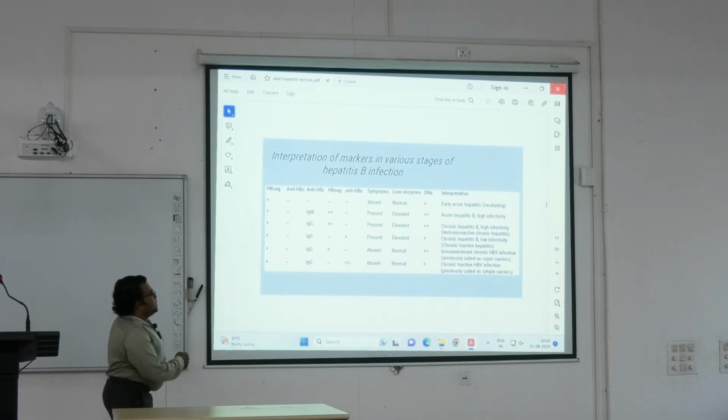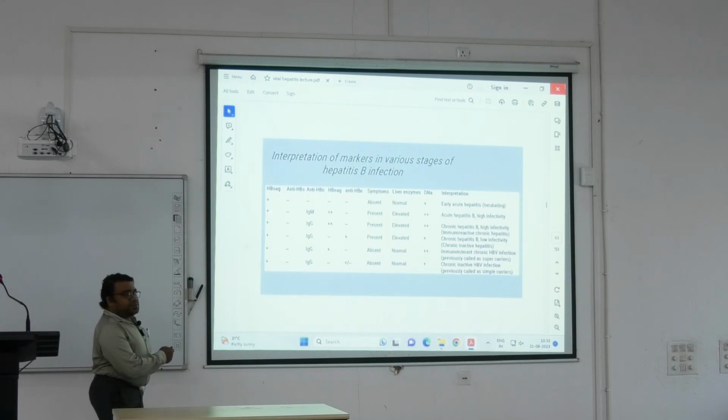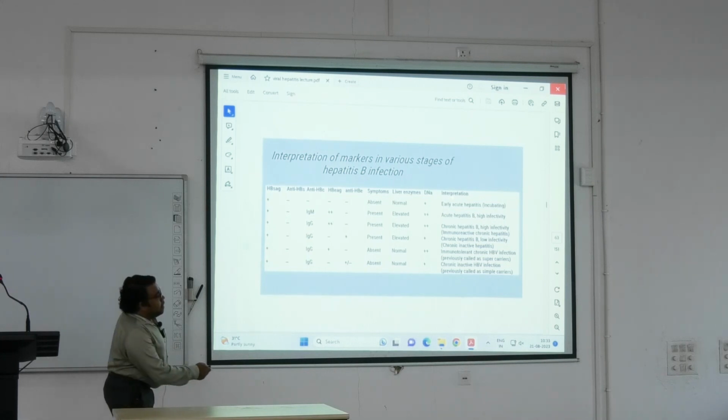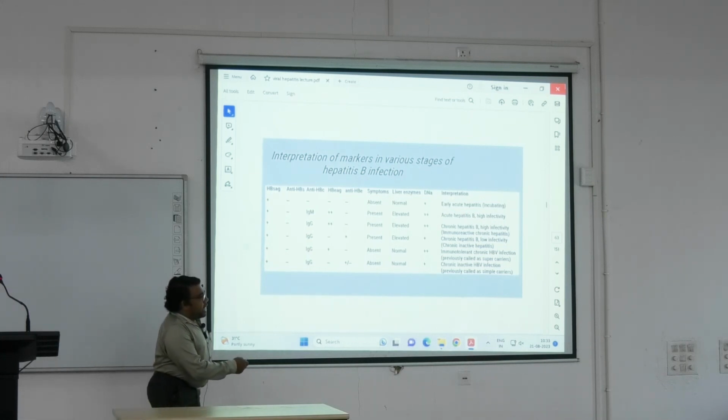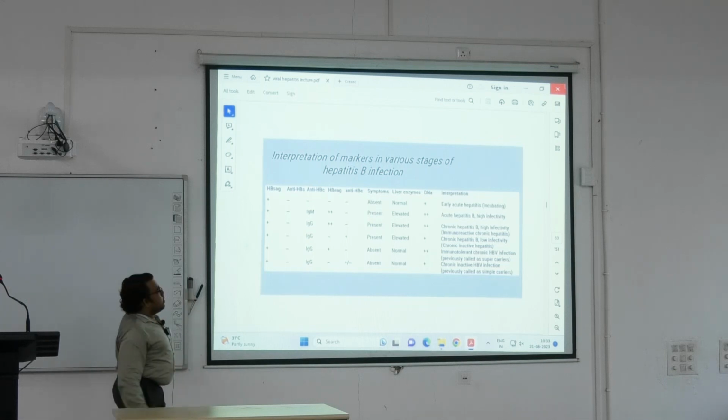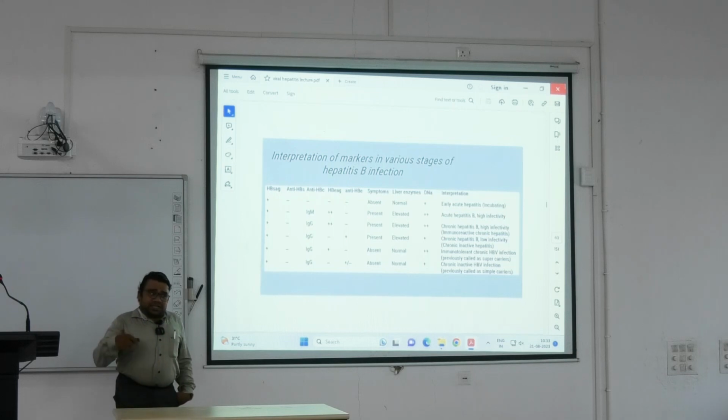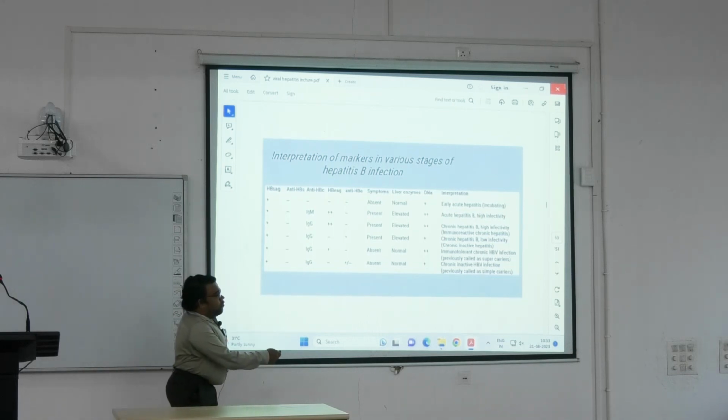Next, look at this. Surface antigen is present, but only IgM against the core antigen is present. That means it indicates acute hepatitis. If the E antigen is present, that means the virus is replicating very fast. That means it is of high infectivity.